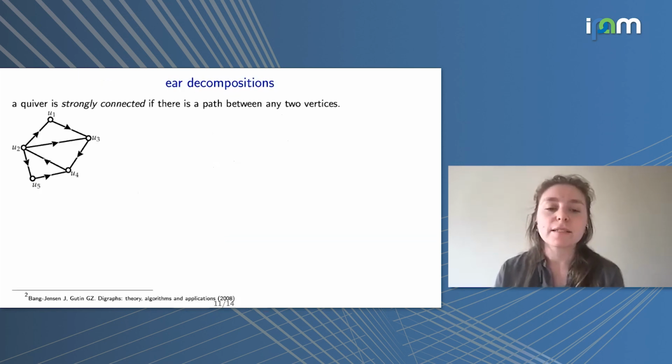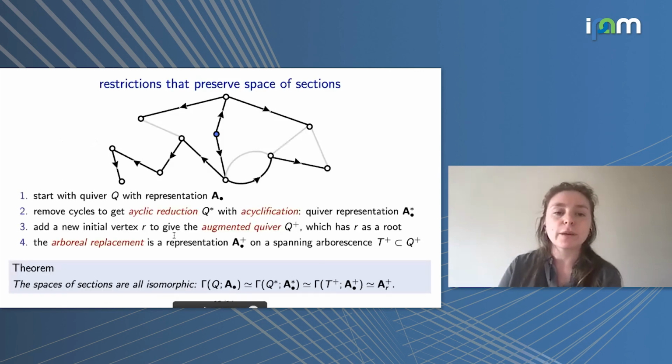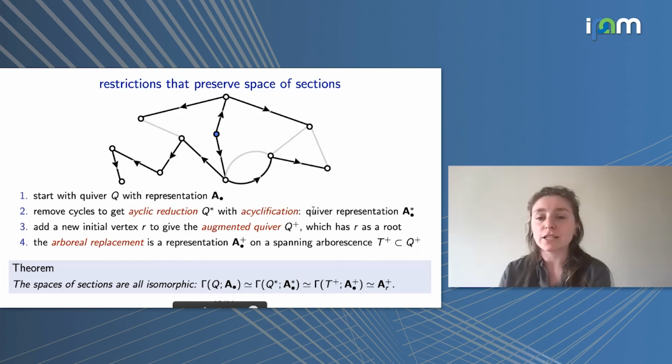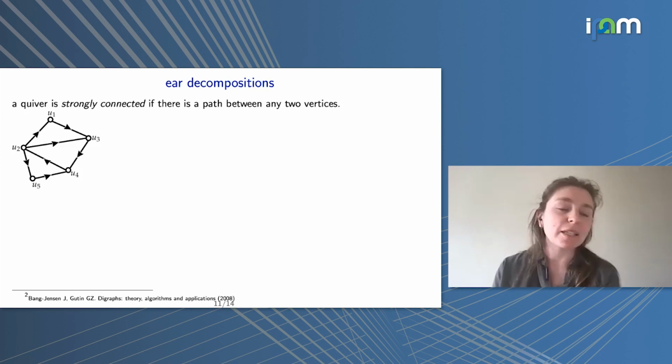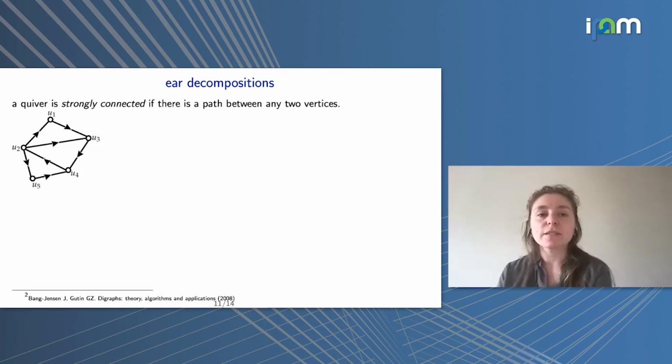Okay, so I wanted to tell you more about the approach that we take to compute the acyclic reduction and the acyclification, which we approached using the ear decomposition of a strongly connected quiver. But maybe in the interest of time, I'll skip this unless there are any questions, or maybe in the discussions afterwards.